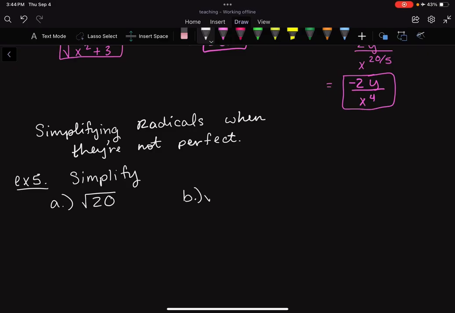B will do the square root of 24x to the 8th y to the 9th. And then part C, we're going to do 9 over the square root of 3. We're going to talk about how to simplify something like that.